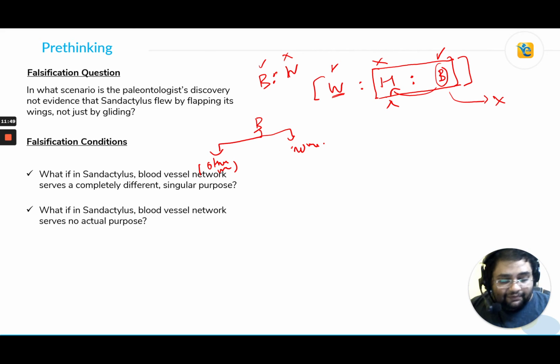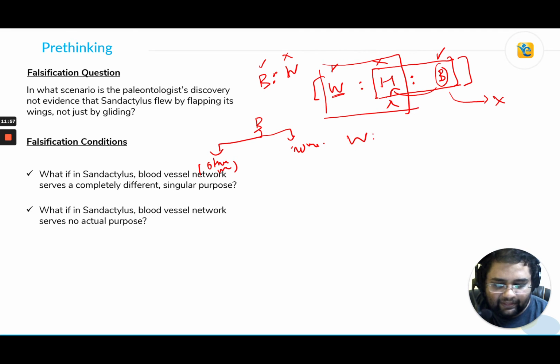A third way of breaking the conclusion, another falsification condition, attacks this part of the chain. The author again seems to be assuming that just like in bats, flapping of wings would lead to heat generation. But what if that's not true for Sandactylus? We do not know what Sandactylus is made of, maybe in terms of the actual material of the skin.